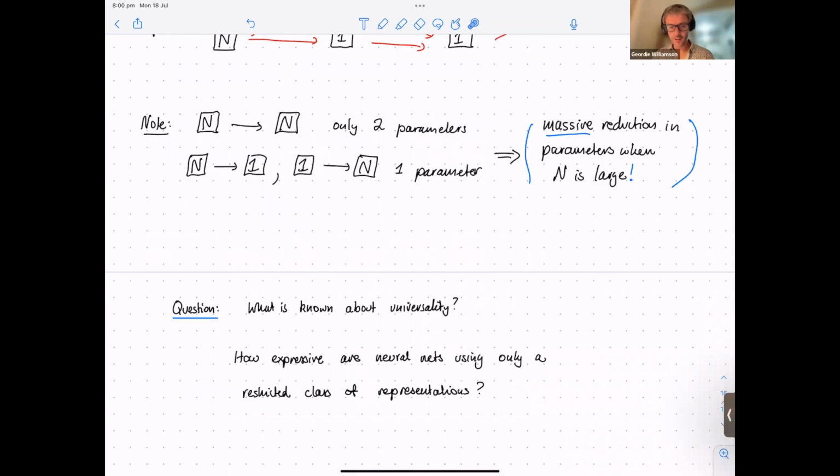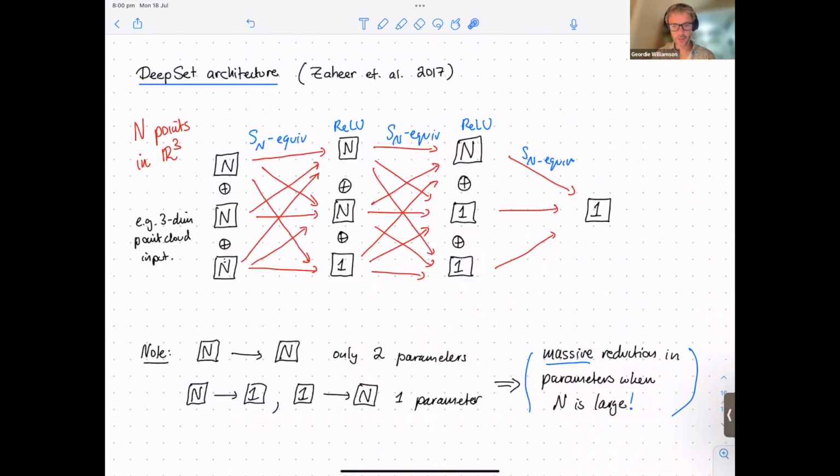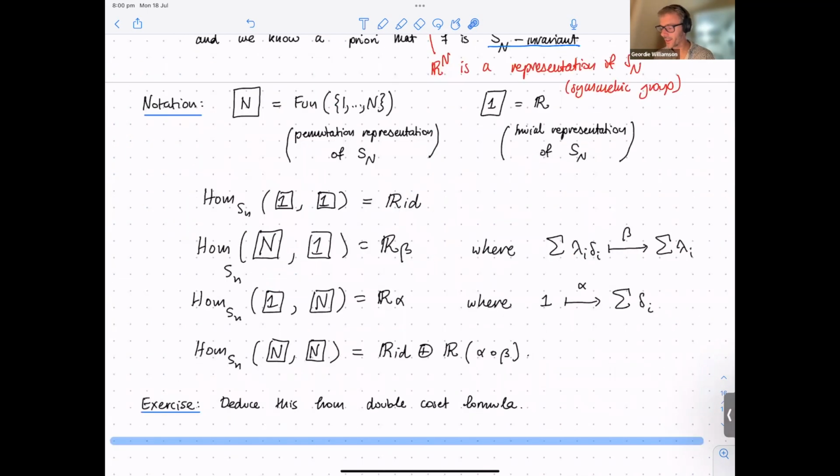This one? The slide before this one. This one?